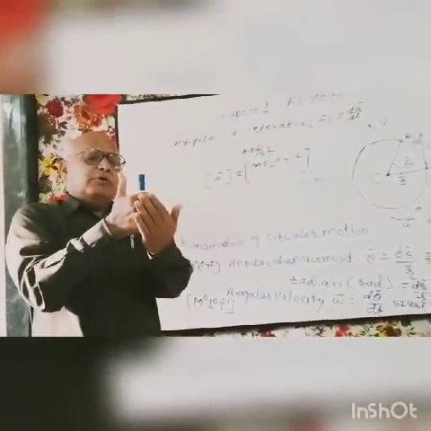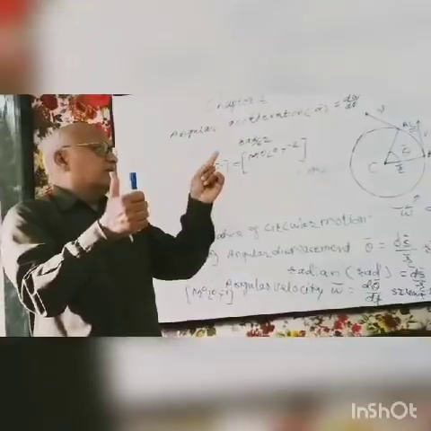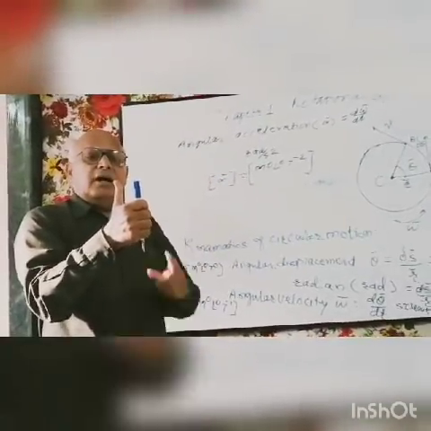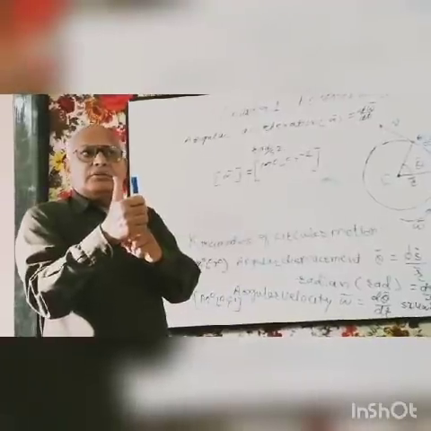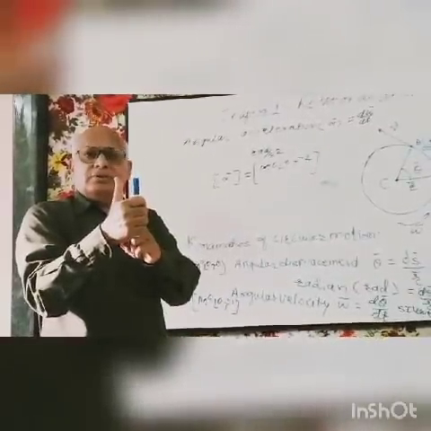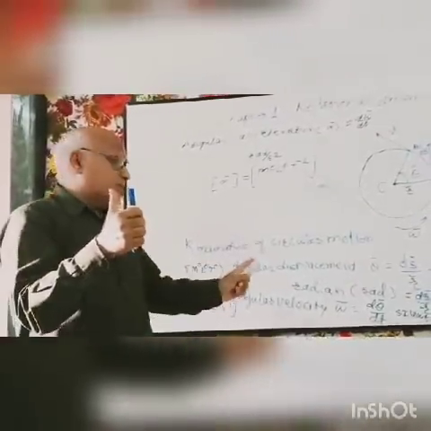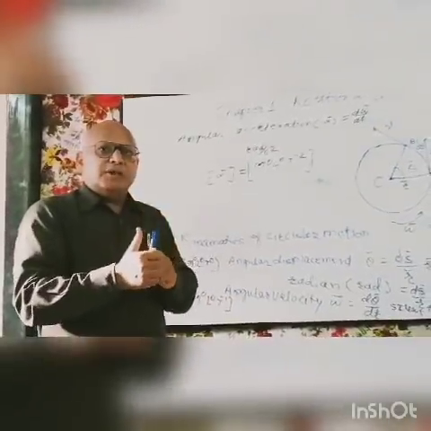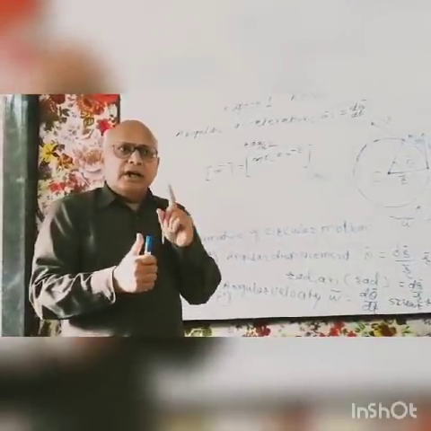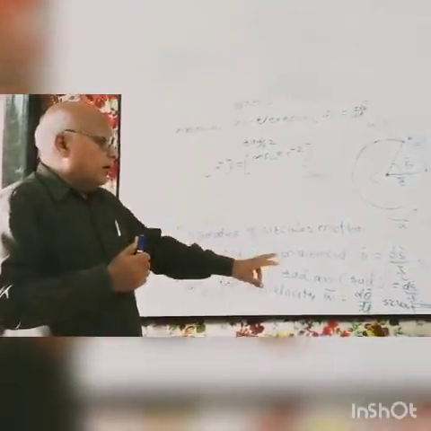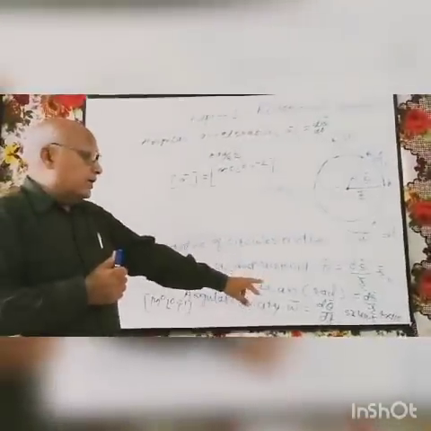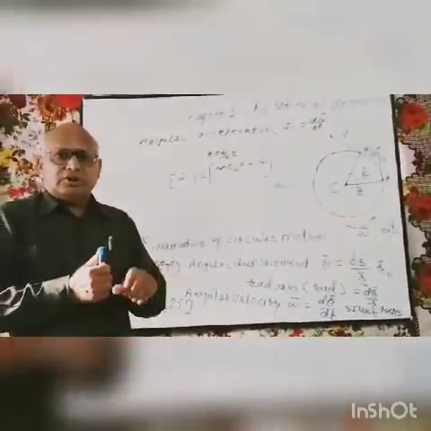The curled fingers give the sense of rotation of the body, and the outstretched thumb gives the direction of this vector, that is angular displacement, angular velocity and angular acceleration. It is to be noted that all these vector quantities have the same direction.